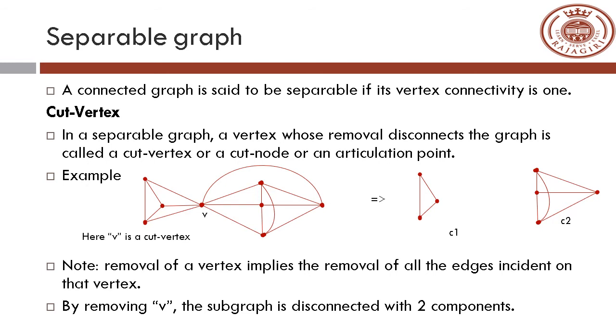That means if you remove V, you are removing the 7 edges incident to V. Note that removal of a vertex implies removal of all the edges incident on that vertex. By removing V, the graph is disconnected into two components.